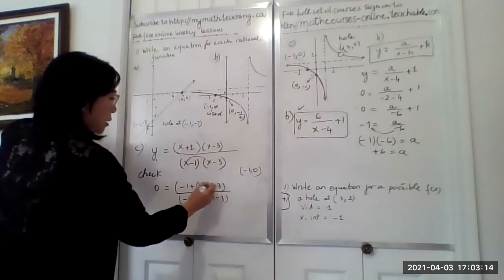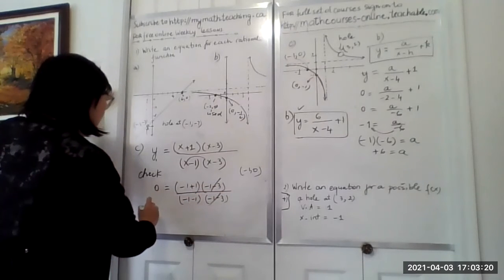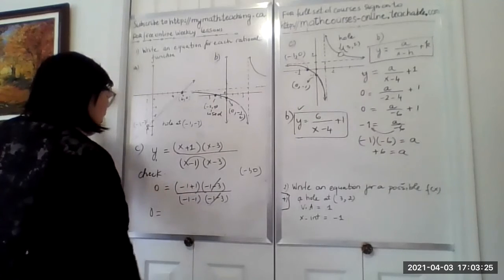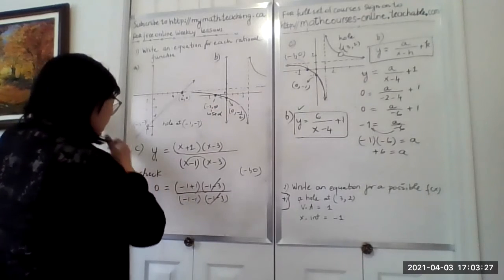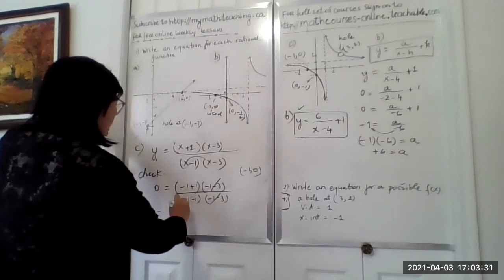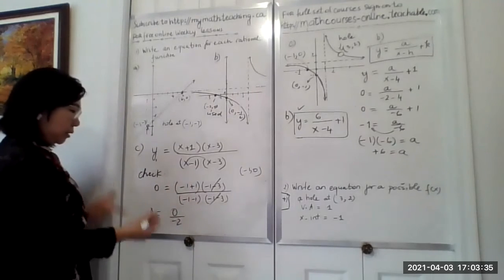Now, obviously, this is exactly the same bracket, so we're going to cancel it out. Let's see if the left side and right side match. Our left side is 0. Our right side is 0 over minus 2. What is 0 divided by minus 2?